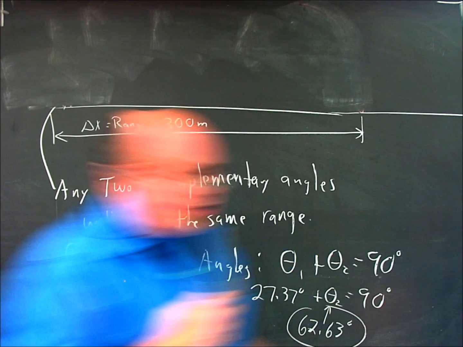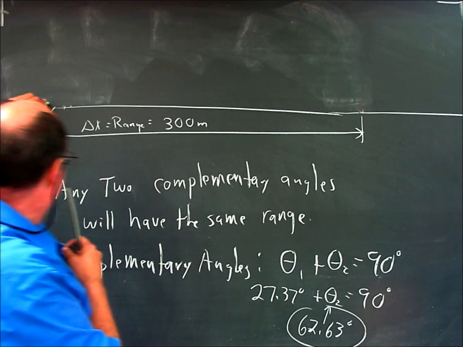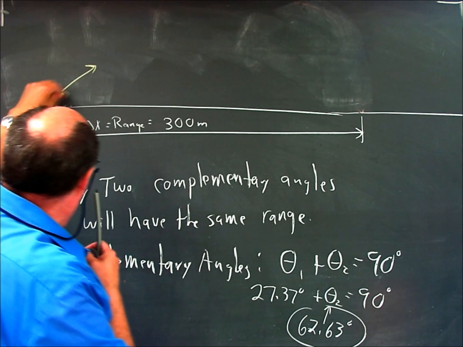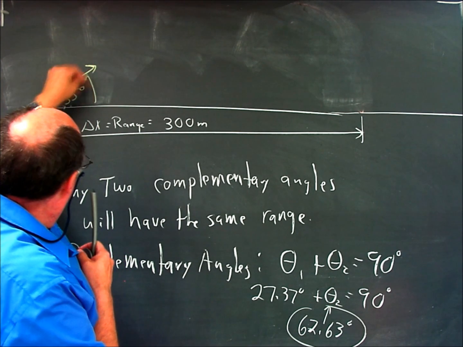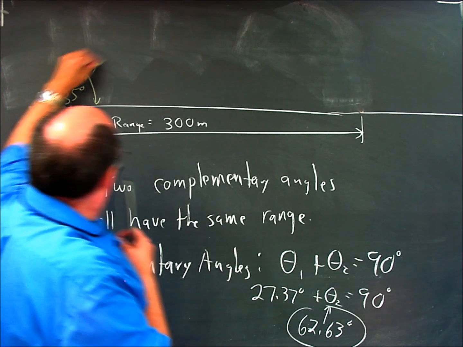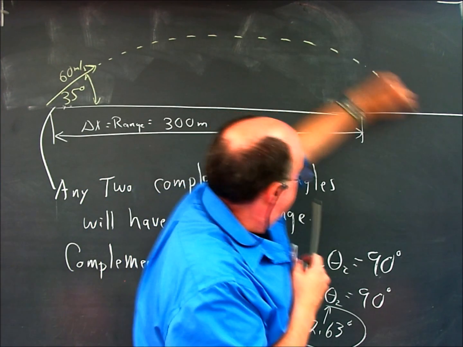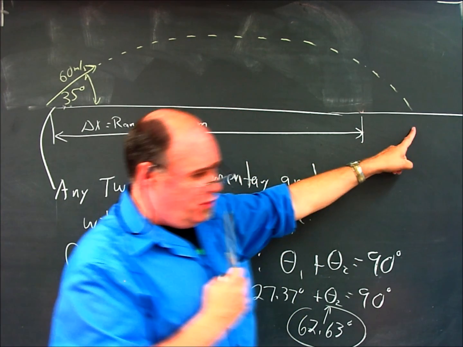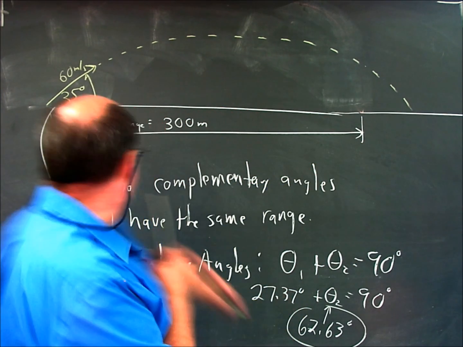So earlier I said if I would launch this thing here at a 35 degree angle, and that's still the cannonball, so it's still going at 60 meters per second, we said that it was going to go 345 meters. So it's going to land way over there, which is a little bit further away. That's going to land at 345 meters, we said yesterday.